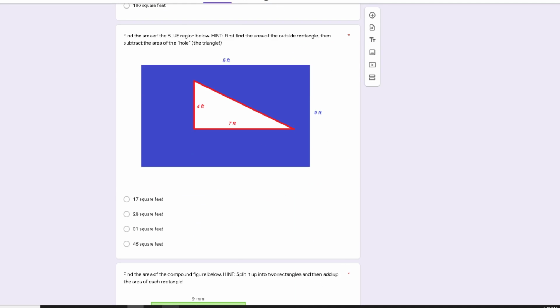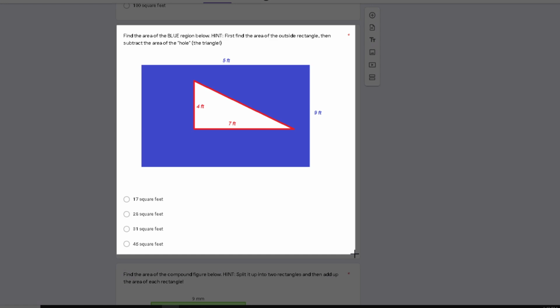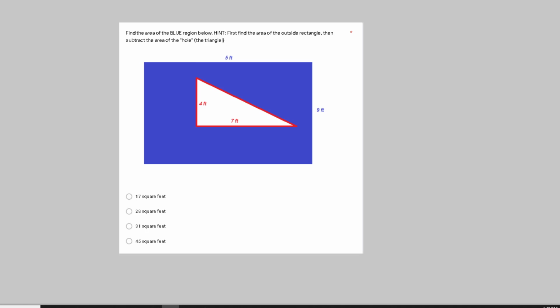So it's the same idea with this one. I know we haven't done one like this, but if you understand it, follow the same steps. A lot of people did get this right, and a lot of people got it wrong too. Find the area of the whole outside. Well, that's 5 times 9, that's 45. Then subtract the area of the hole. In this case, the hole is shaped like a triangle.